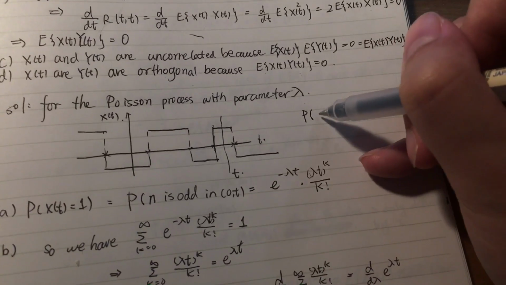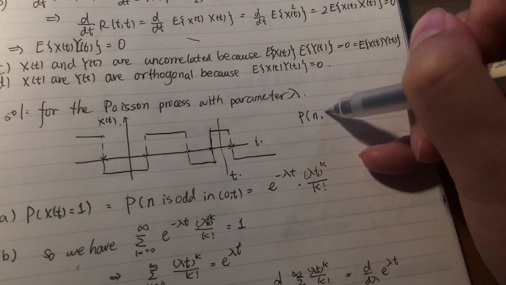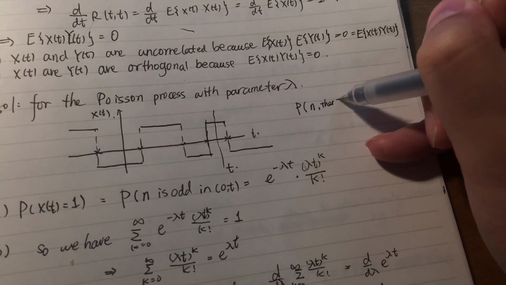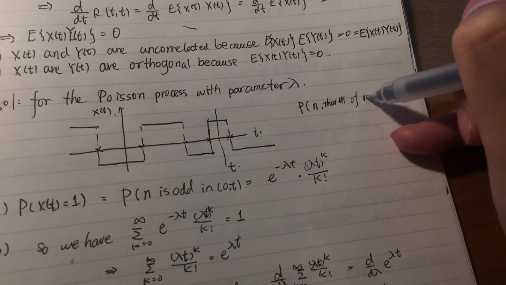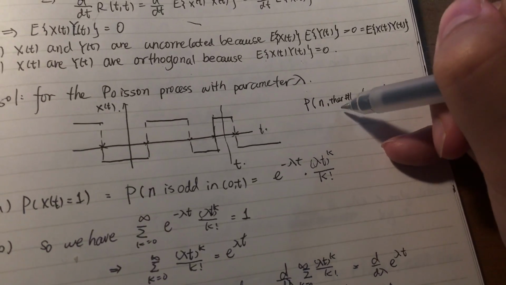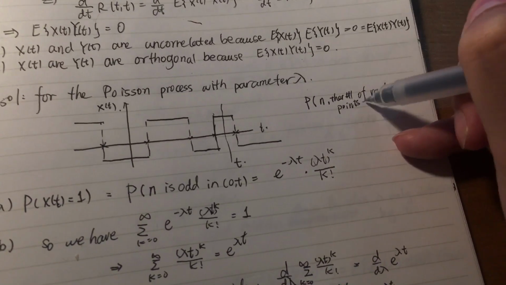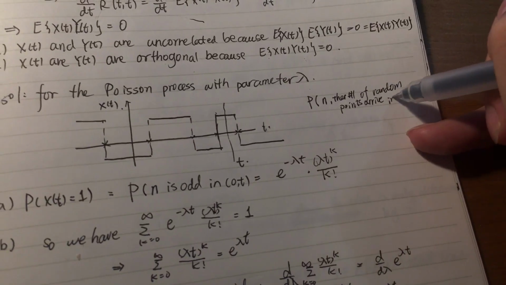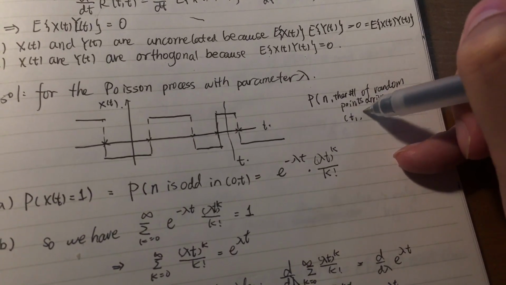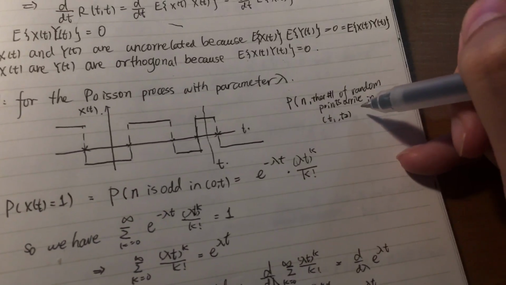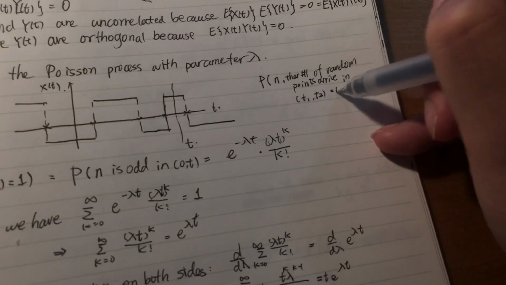can be written as P[N is the number of random points that arrive in the interval from T1 to T2 is equal to K].